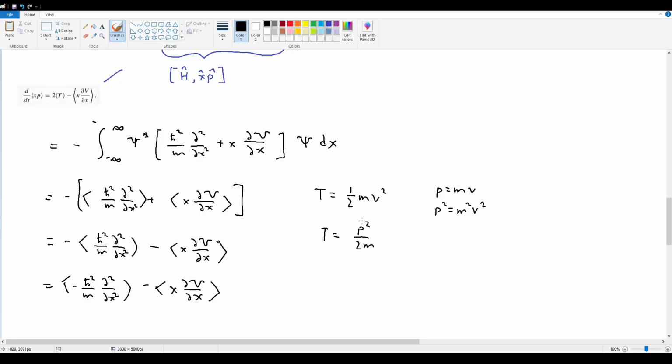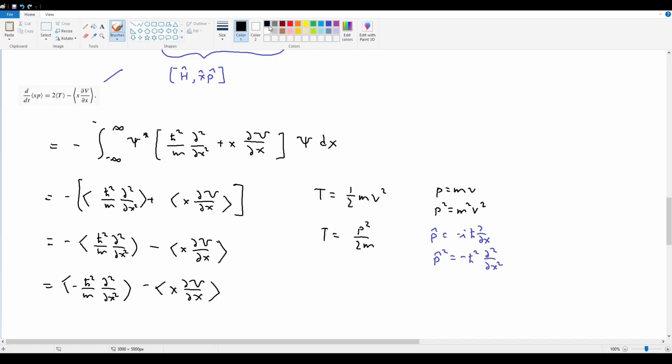In that case, if we can relate T to p, well, we have something here that looks like it's a p squared, right? Because we know that p hat, let's write this in blue, is equal to negative i h bar d/dx. So that means that p hat squared is equal to negative h bar squared d2/dx squared.